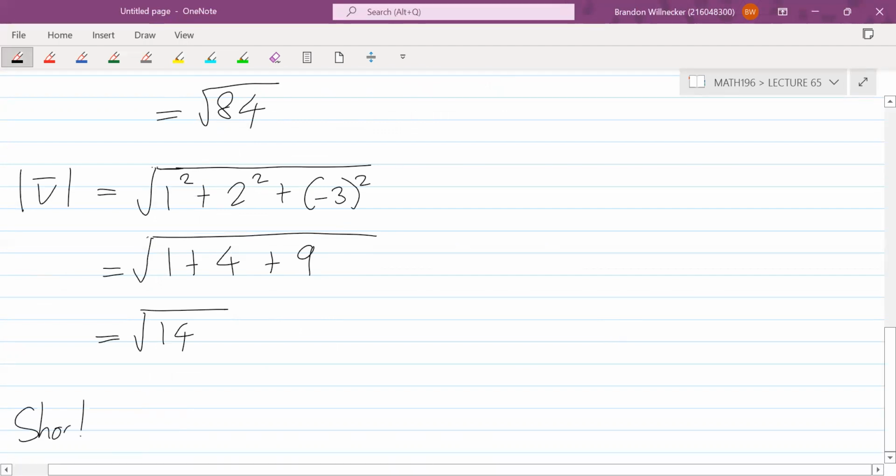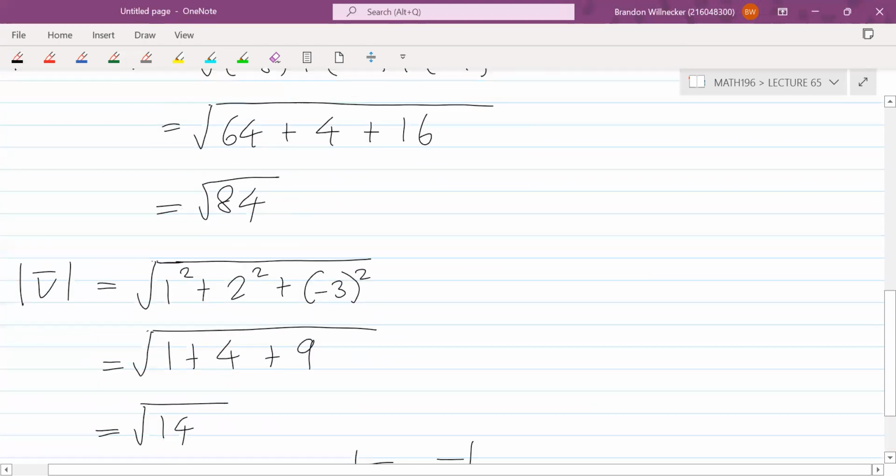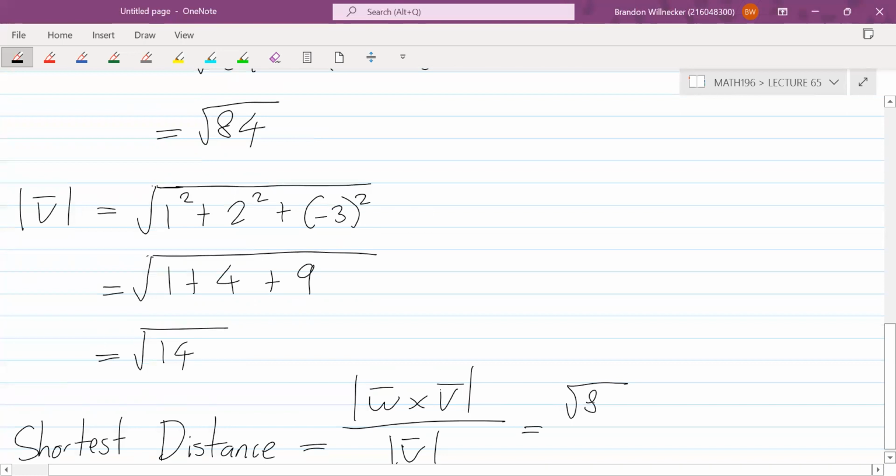So the shortest distance is equal to the length of W cross V over the length of V. Okay, the length of W cross V, we worked that out, that was root 84.